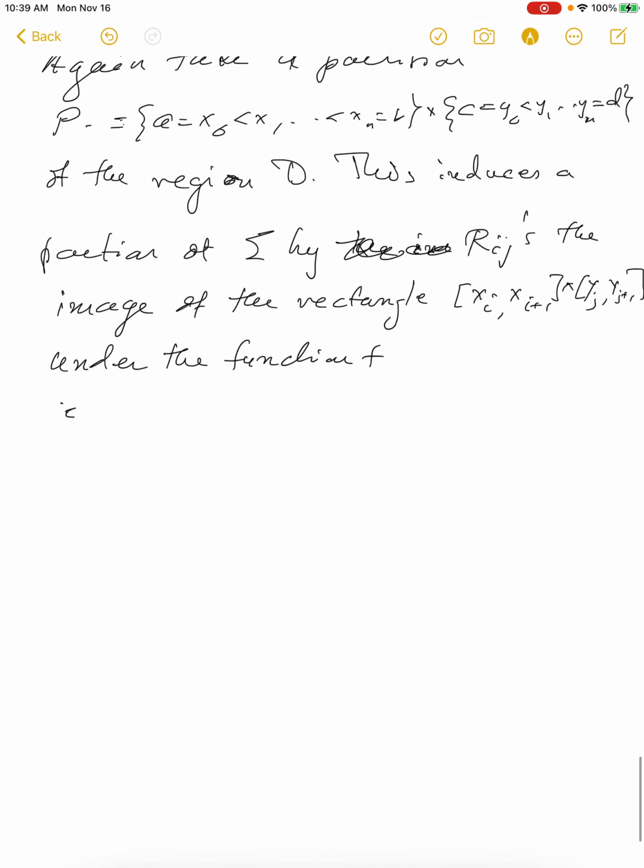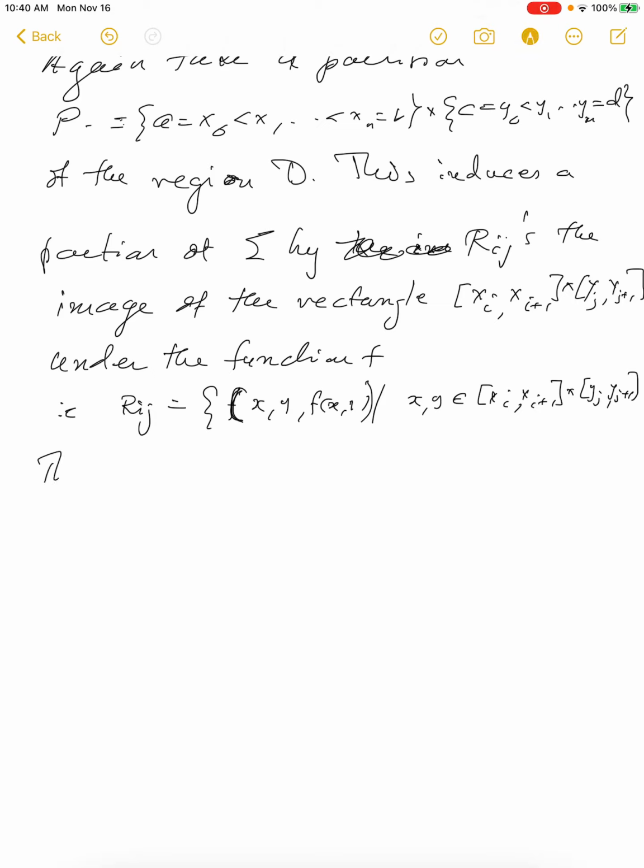So in other words, R_ij is going to be the set of x, y, f of x, y, where x, y vary inside x_i to x_{i+1} cross y_j to y_{j+1}. That's how I get a partition of the surface, and then we form the sum. We pick any point xi_ij inside R_ij and form the sum.